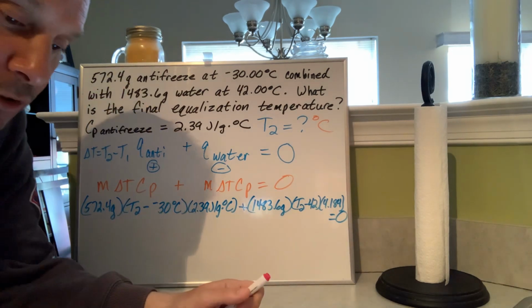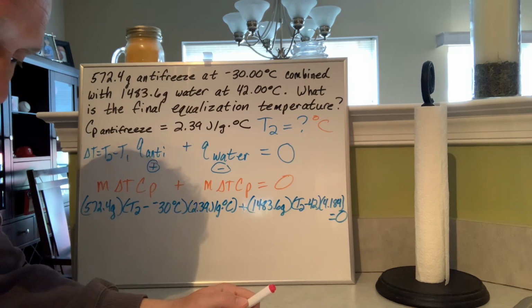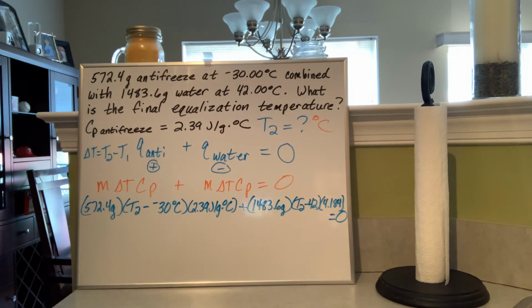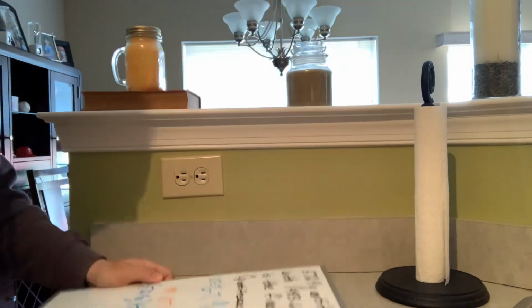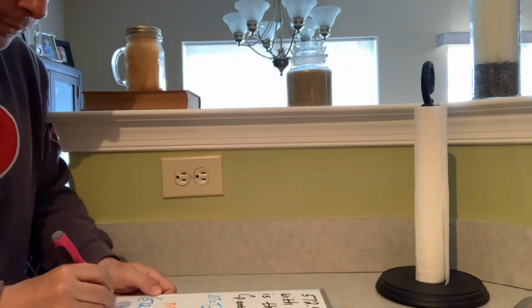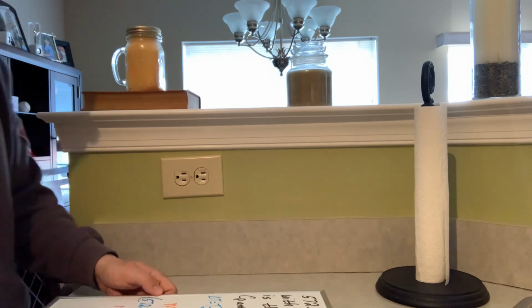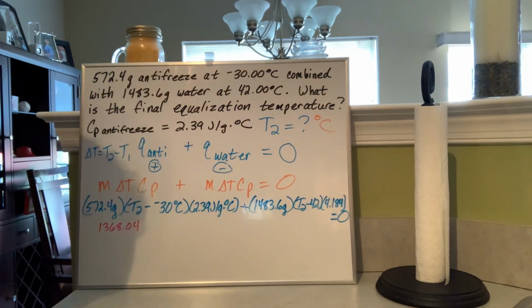Let's do 572.4 times 2.39. When I get that, I get 1,368.036. I'm going to call it 1,368.04, just rounding a little bit for time purposes.